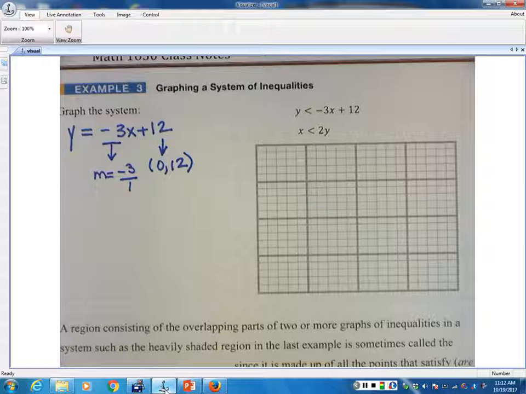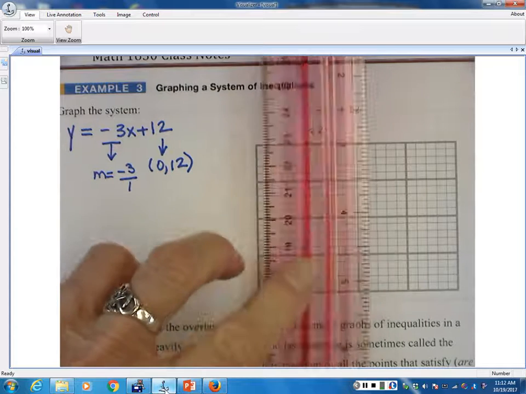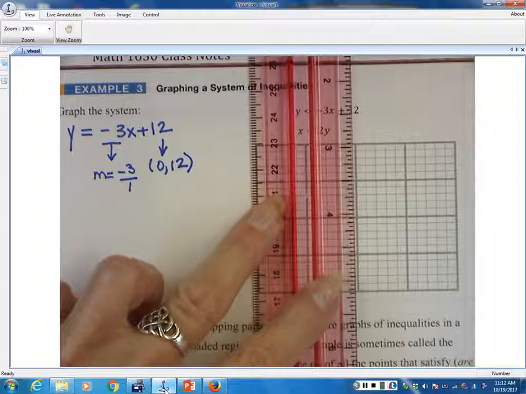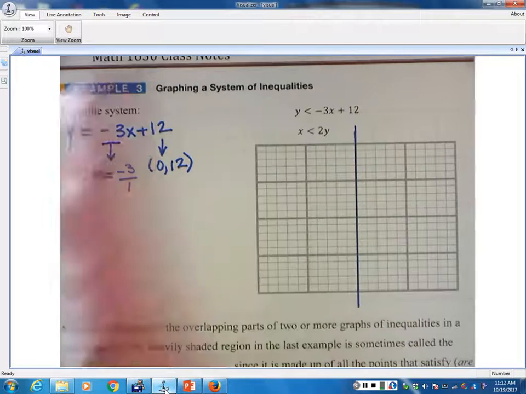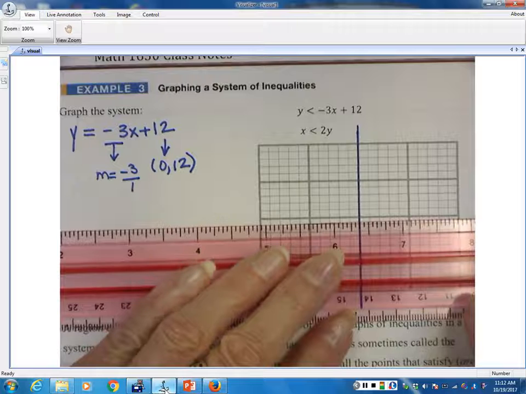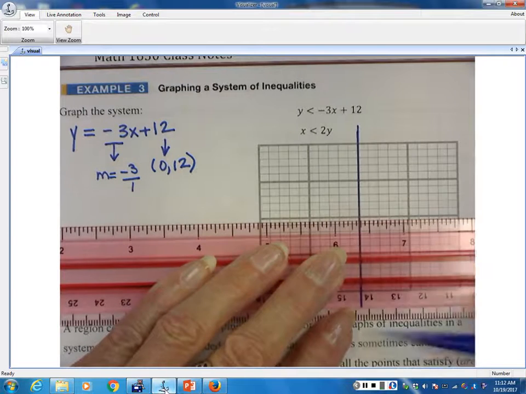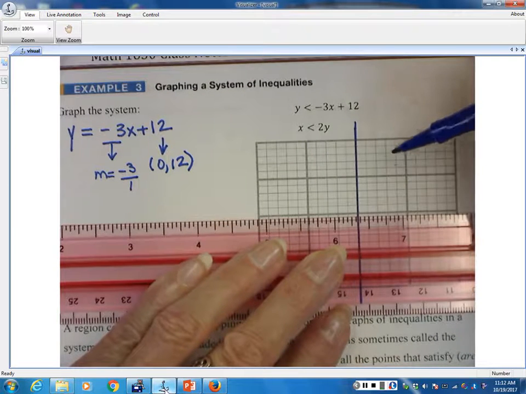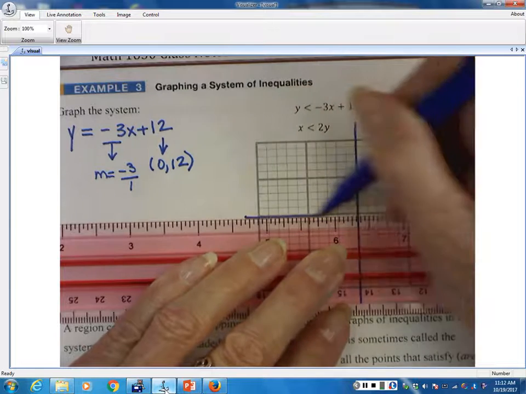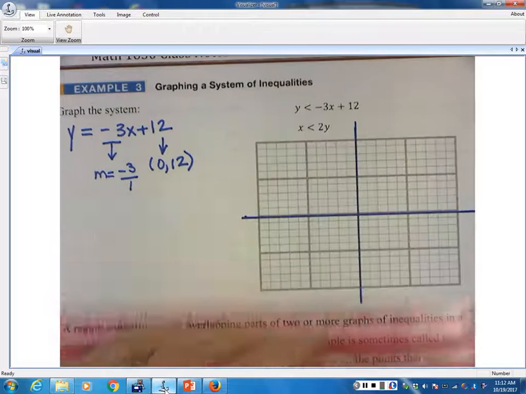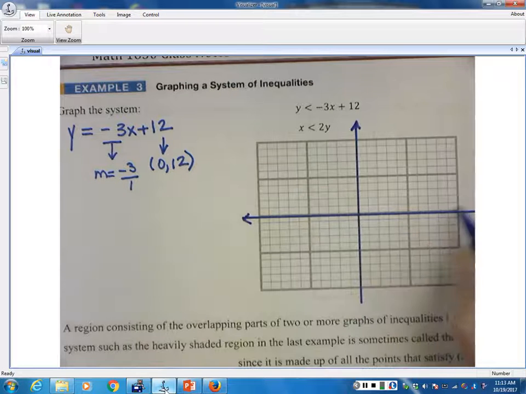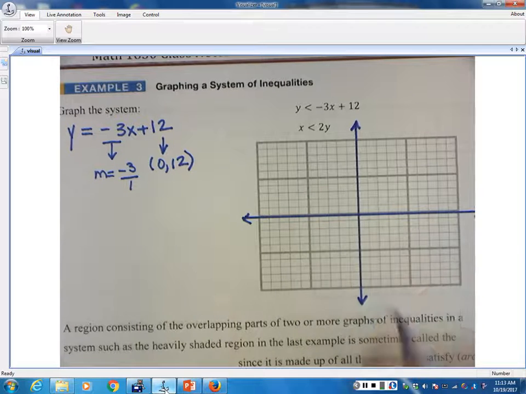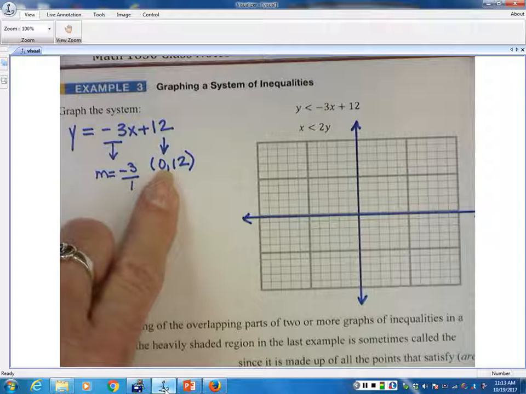So the way we use that information to our advantage is we draw our graph grid. And we know the point 0, 12 is on that equation.